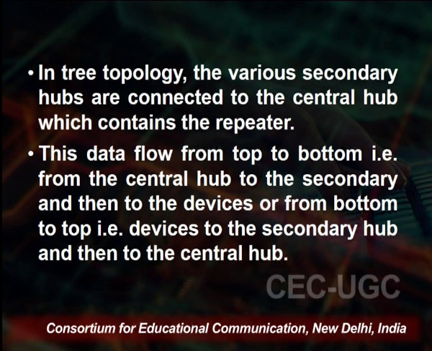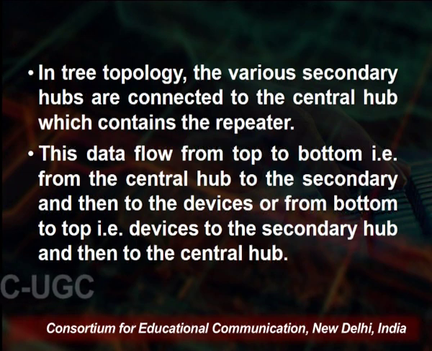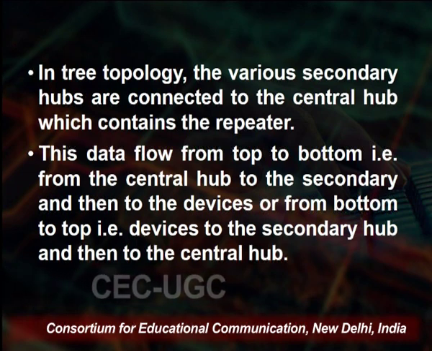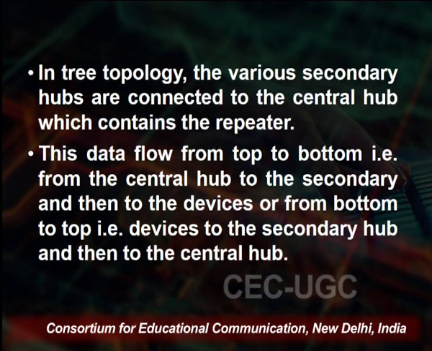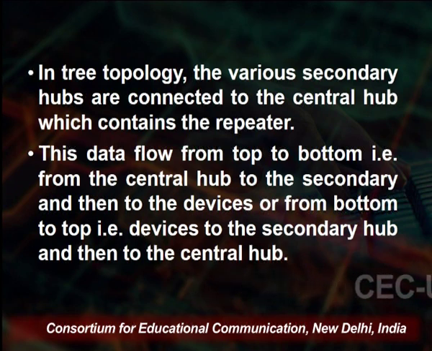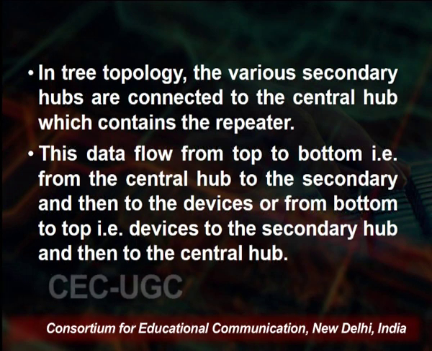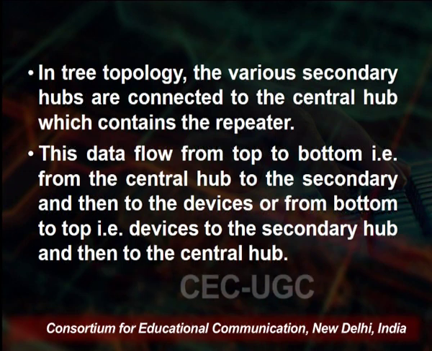Data flows from top to bottom as the structure is completely hierarchical, that is from the central hub to the secondary hubs and then to the devices, or it could be from bottom to top, that is from devices to the secondary hub and then to the central hub.